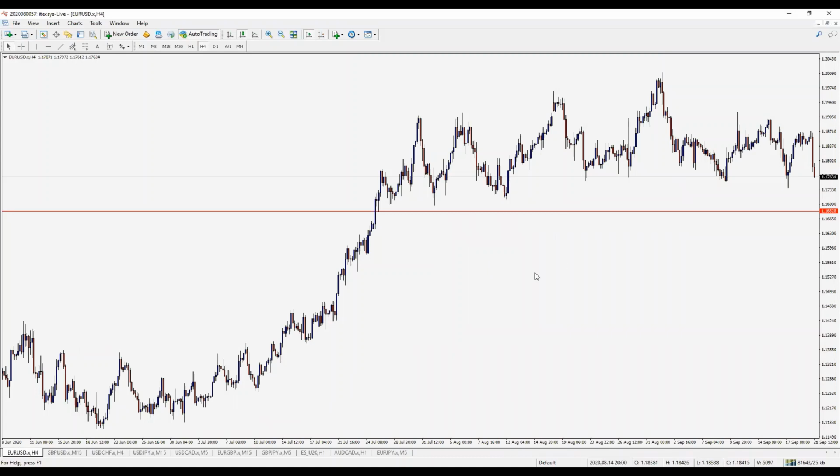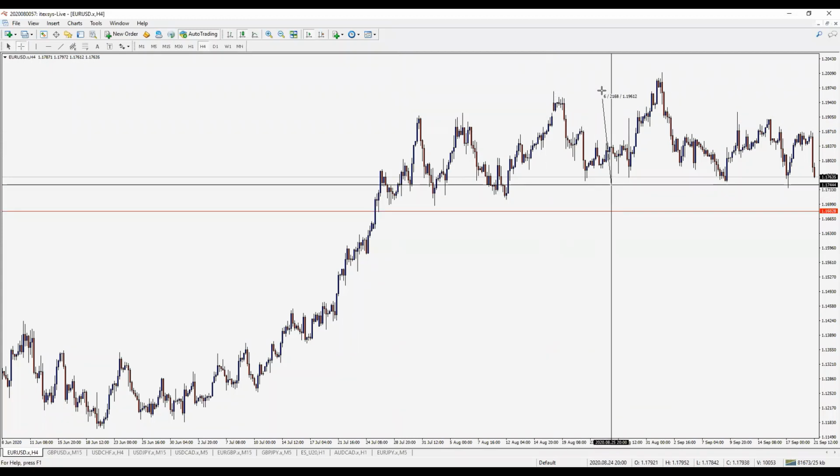And as you can see, the euro dollar in the 4-hour time frame just ranged sideways all this way. Since the end of July, the euro dollar has just moved from that level to this support.